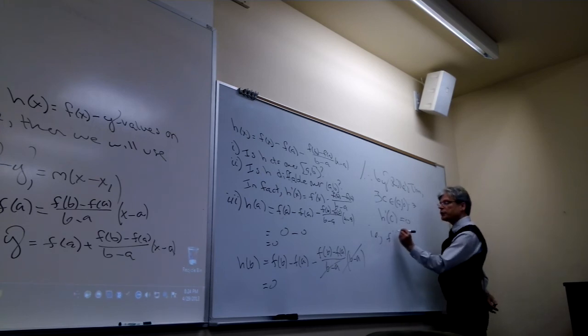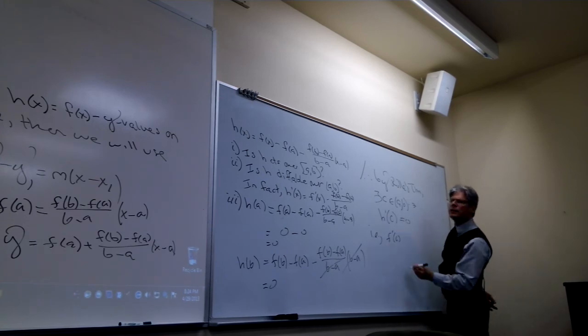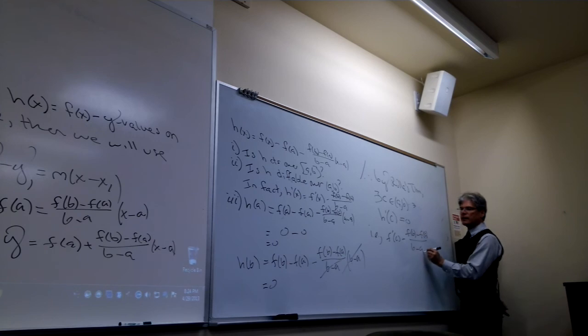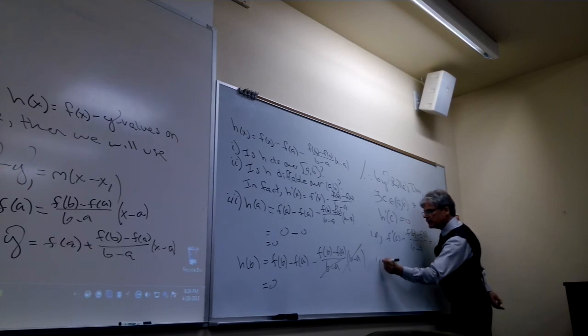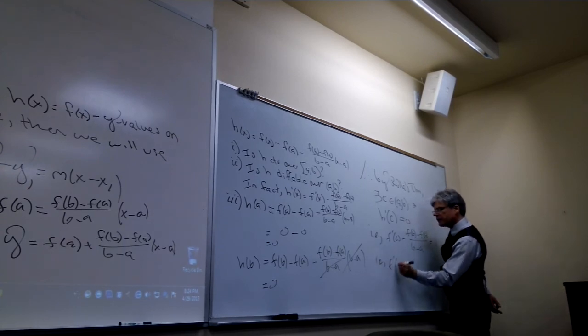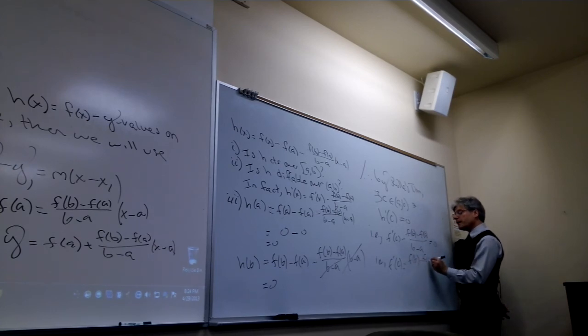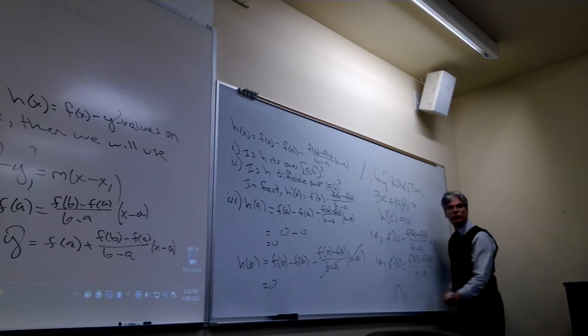So I've got f prime of c minus f of b minus f of a all over b minus a is equal to 0. Now when I add this fraction to both sides, doesn't that tell me that f prime of c is equal to f of b minus f of a all over b minus a? I've proven what I wanted to show.